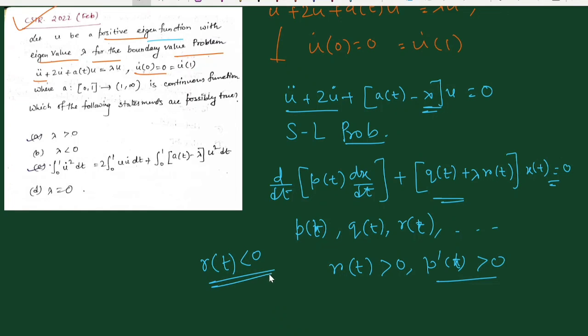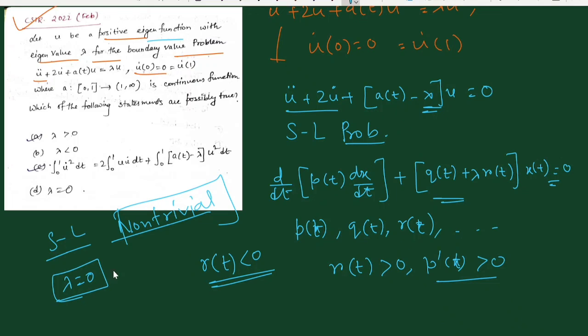This is my point of view, and if you think that this is a Sturm-Liouville problem, note that for a Sturm-Liouville problem we are interested only in non-trivial solutions. In case of lambda equal to 0 we get the trivial solution, so we are not interested in that.